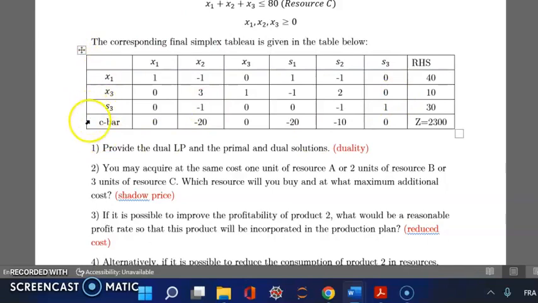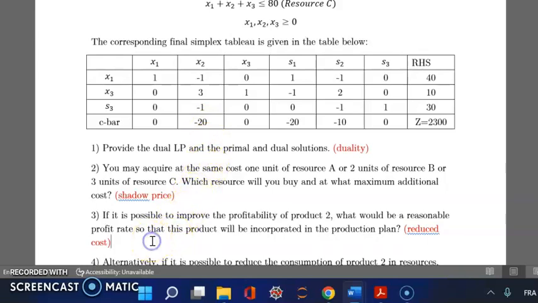So if we look at the C bar row, we can see that the reduced cost of product 2 is 20. This means that if we increase the original profit rate of product 2 by 20, it's going to be profitable and could be incorporated in the production plan.